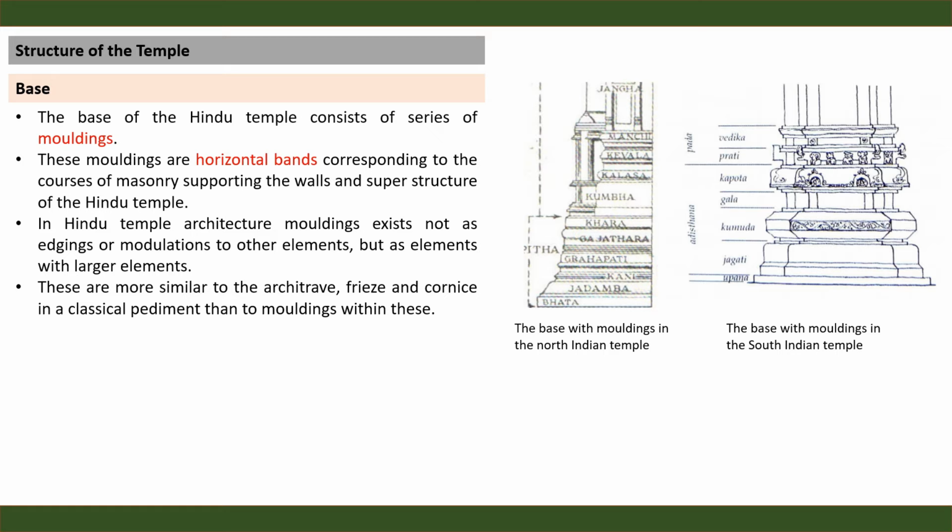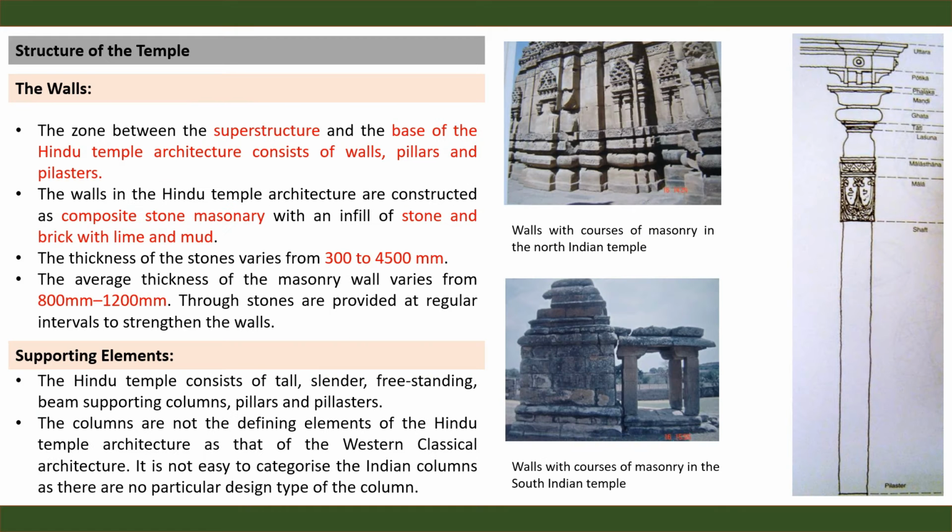These moldings are the horizontal bands corresponding to the courses of masonry supporting the walls and the superstructure of the Hindu temple. In Hindu temple architecture, moldings exist not as etchings or modulation to other elements, but as elements with larger elements. These are more similar to the architrave, frieze and cornice in classical pediment than to moldings within these.